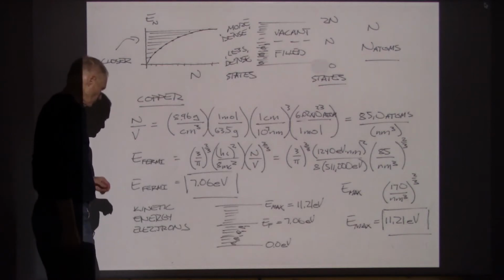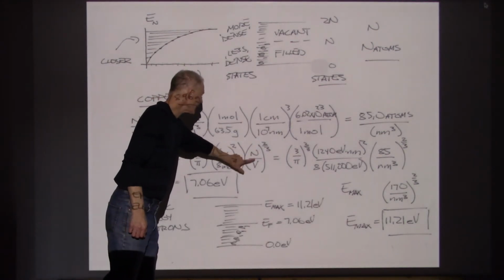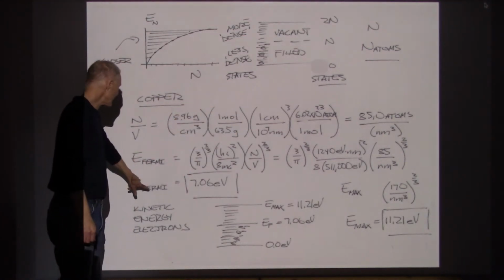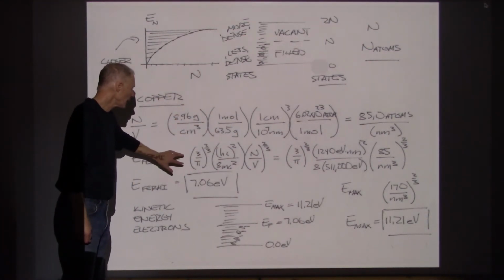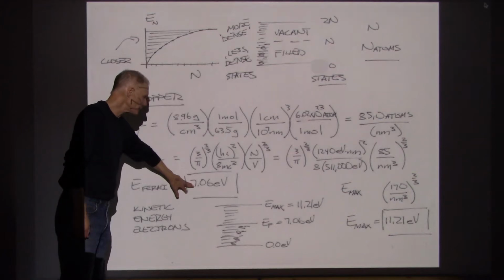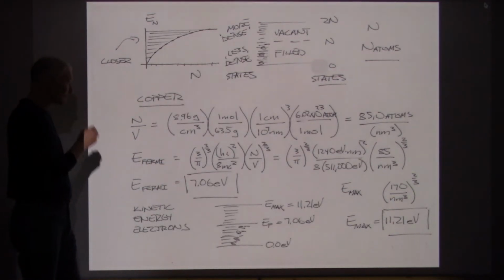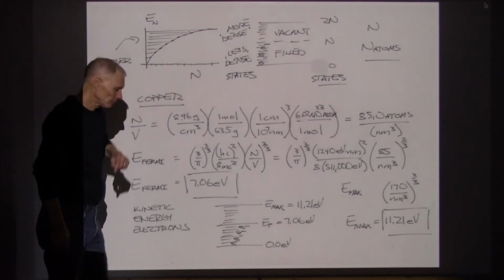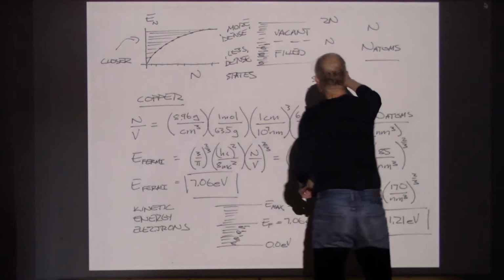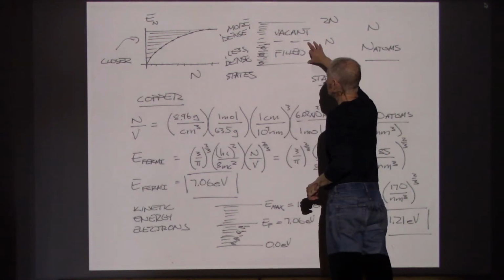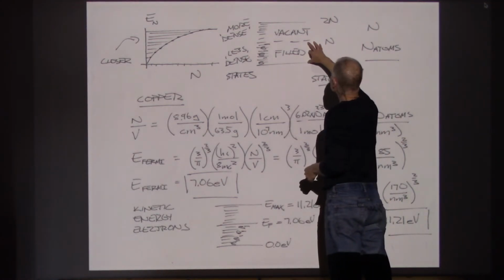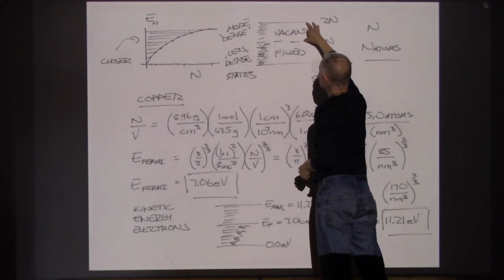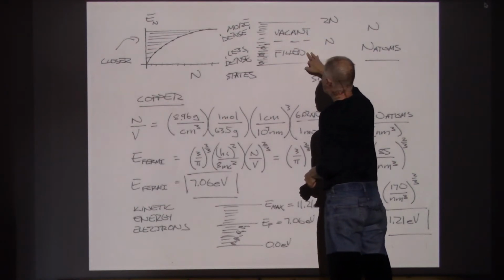And so I can put in those values for n over v, which I like better, and it says that the Fermi energy is 7.06 eV. So what that says is, in the 4s band of states within copper, there are going to be n of those states that are filled, where n is the number of atoms, and n of those states that are vacant, a total of 2n.